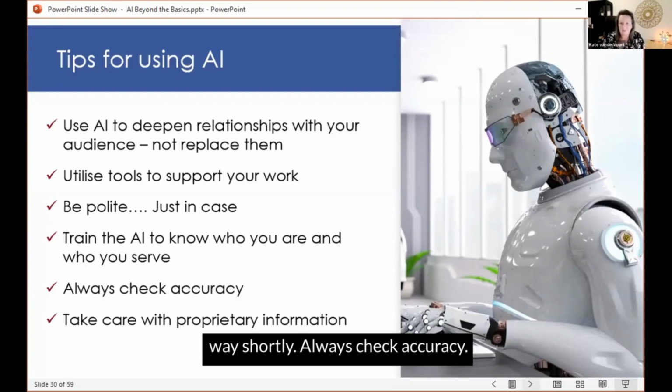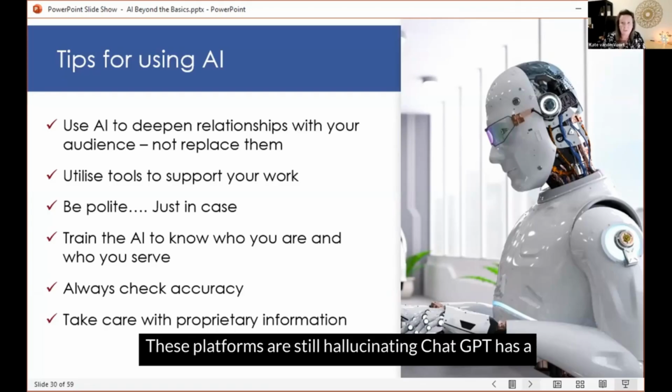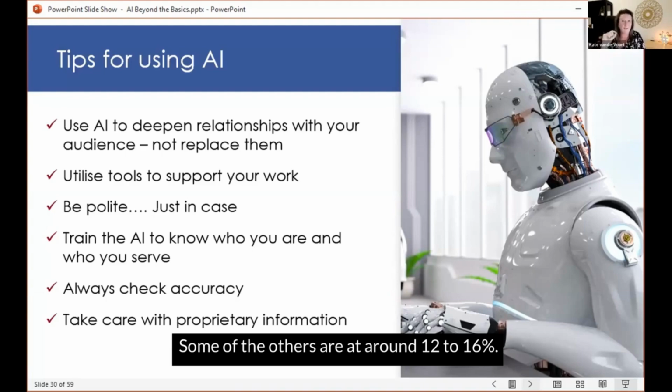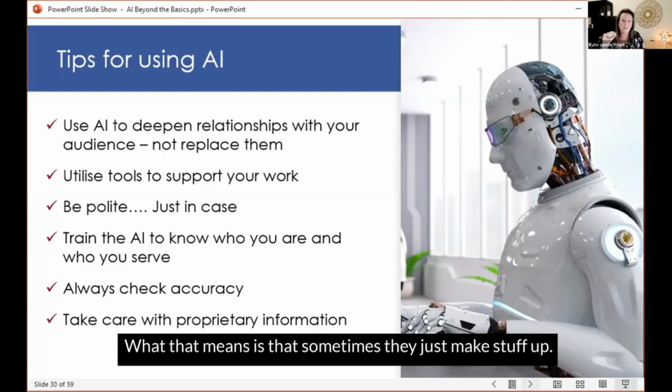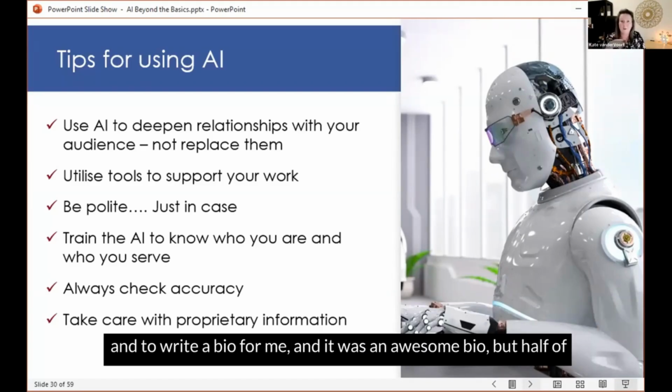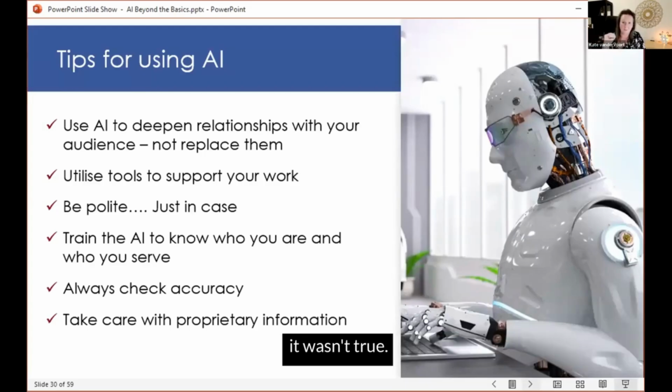Always check accuracy. These platforms are still hallucinating. ChatGPT has a hallucination rate of about 3%. Some of the others are at around 12 to 16%. What that means is that sometimes they just make stuff up. One of the first things I did was ask ChatGPT to write a bio for me. It was an awesome bio, but half of it wasn't true. So always check for accuracy.